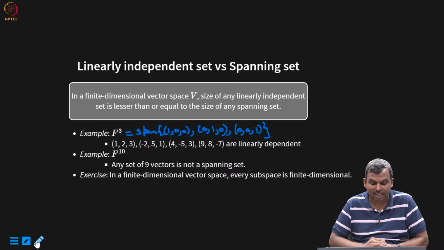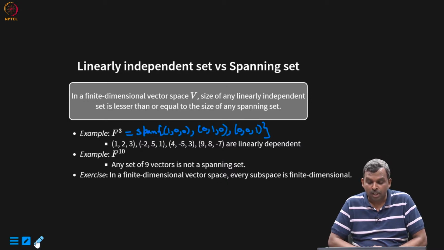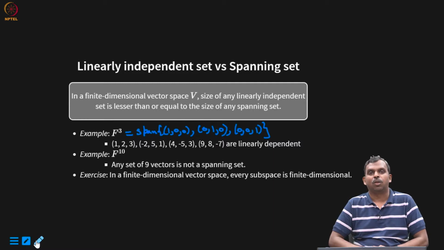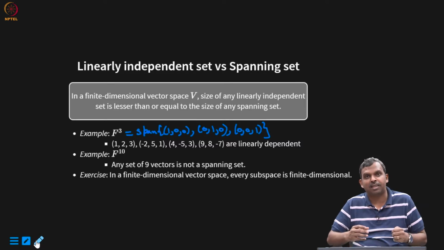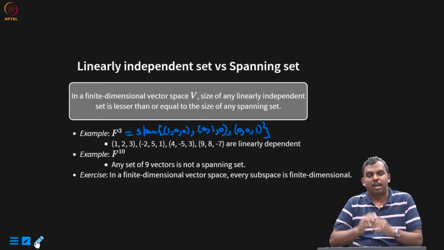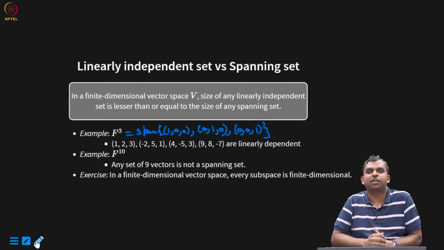In fact, look at the final exercise. It's a nice exercise for you. You have to show that in a finite dimensional vector space, every subspace is also finite dimensional. Think about why that has to be true. As in, if you have a vector space with a finite spanning set, then every subspace also has a finite spanning set.